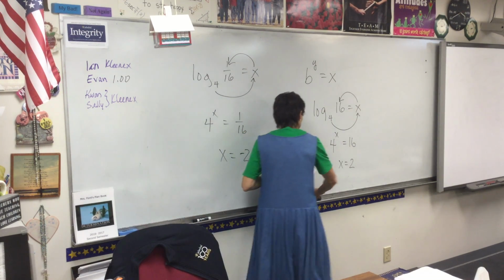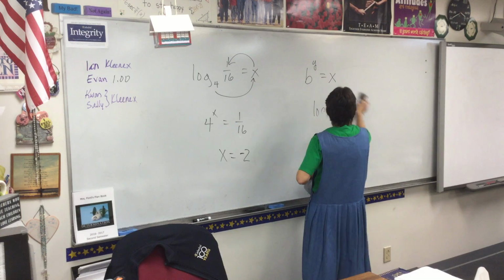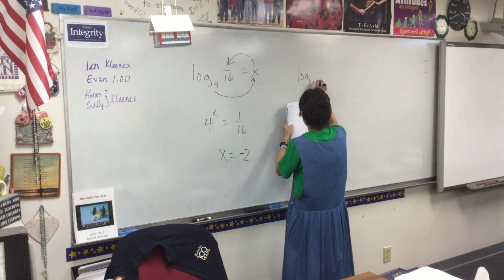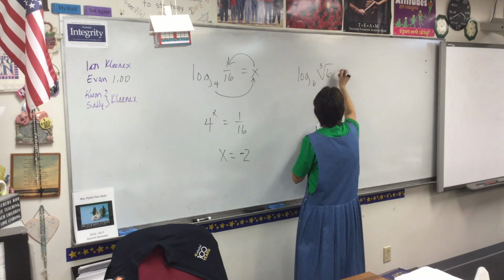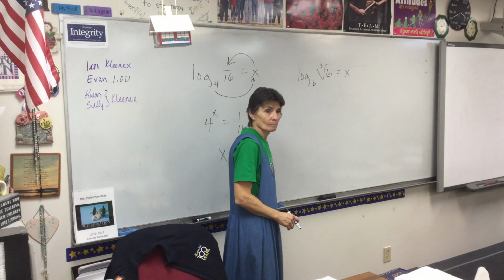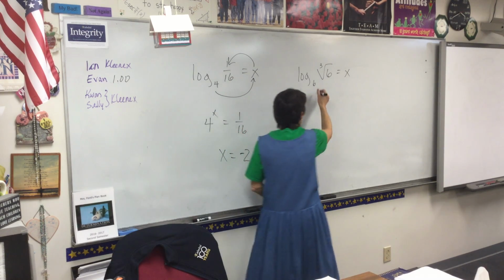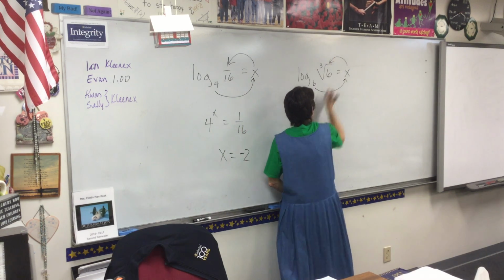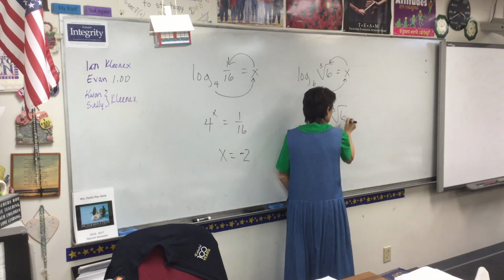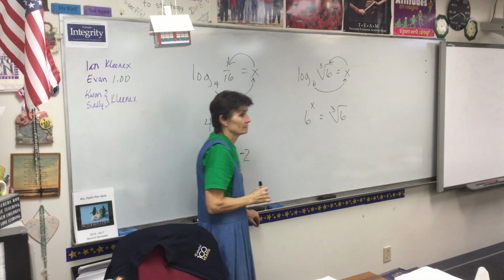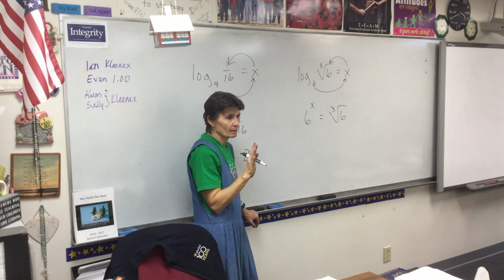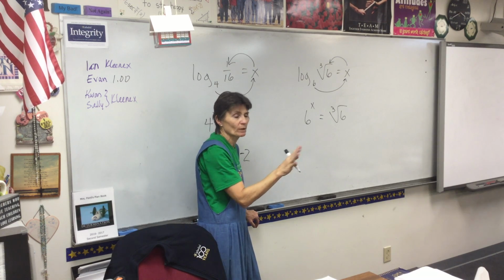Number 7. Okay, here we go. Let's rethink it. 6 to the x equals the cube root of 6. Okay, now wait a minute. Wait, is it equal to x or y? Doesn't matter. Whatever letter you want.